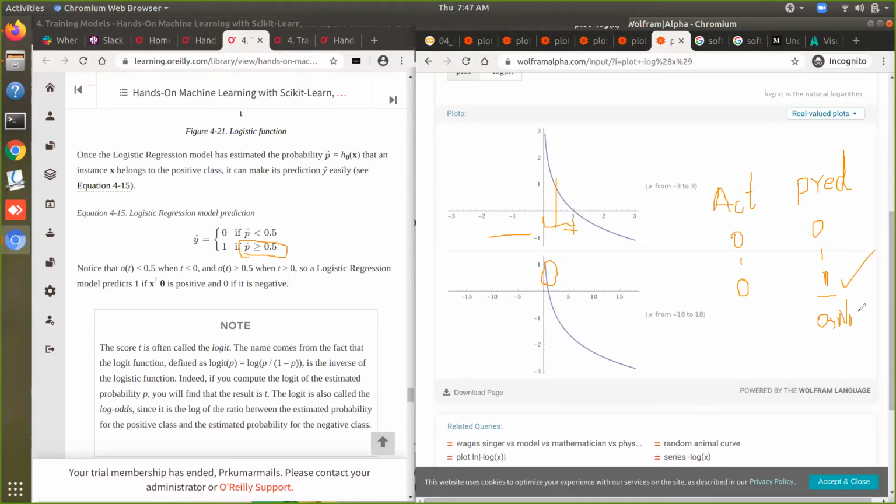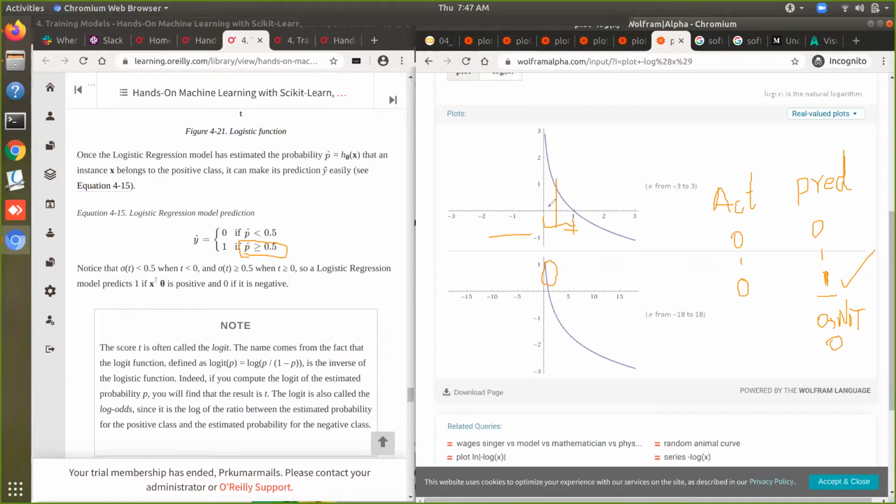The probability that it is not 0 is greater than 0.5, and the probability that it equals 0 will be 1 minus the predicted probability.